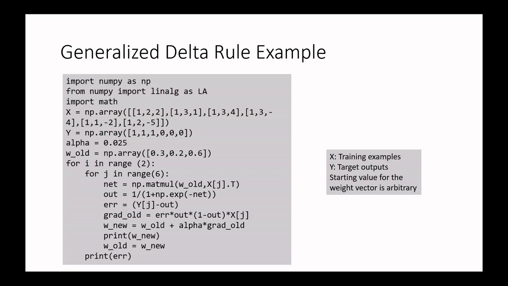We assume an initial weight value, in this case 0.3, 0.2, 0.6. That's our initial weight value, or W old. Next, we go over these examples, calculate the weight change that we need to make, change the weight, and repeat this process. That is what we are doing.